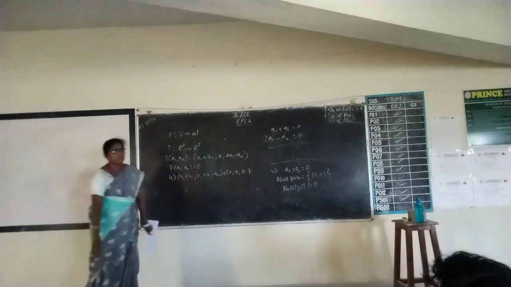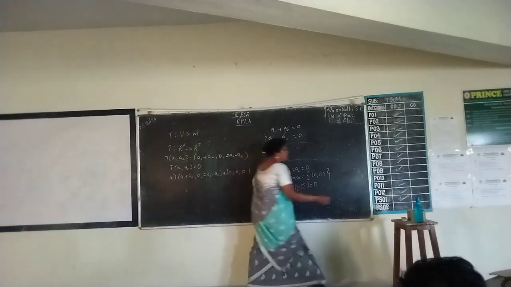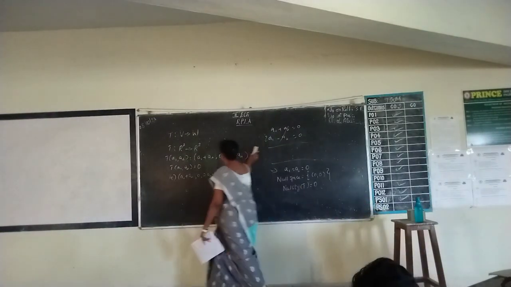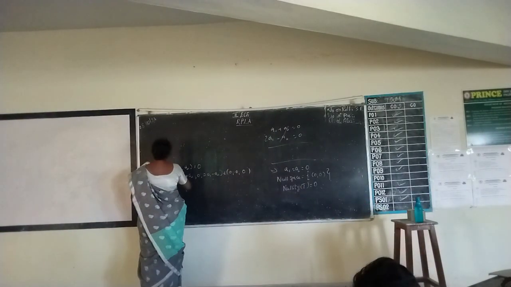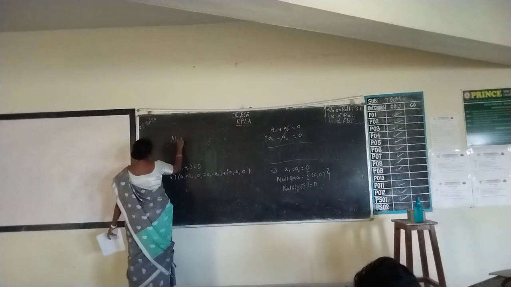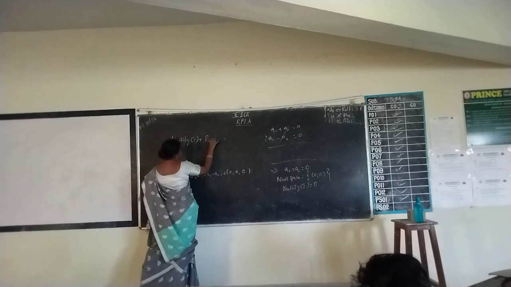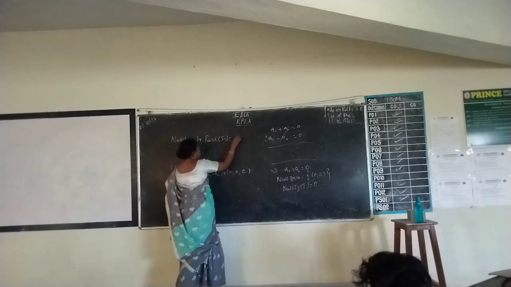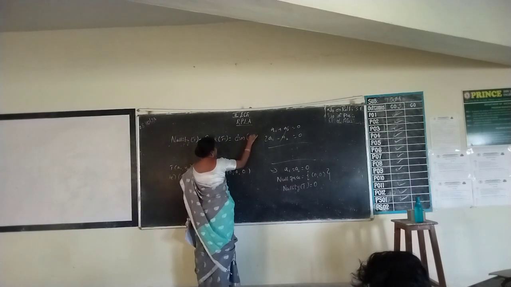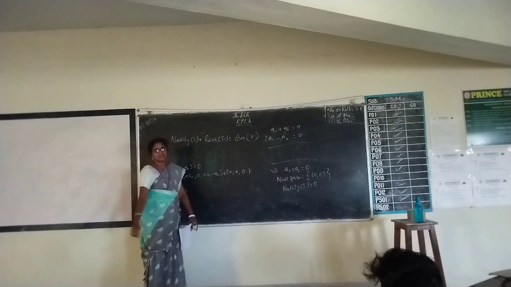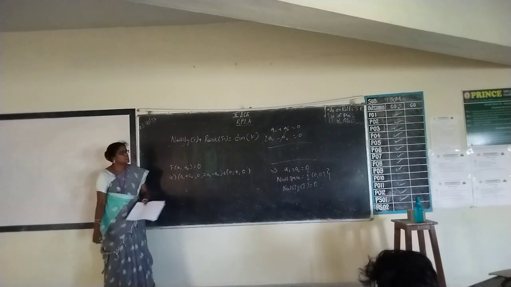Okay, so right. By dimension theorem, nullity of T plus rank of T is equal to dimension of B. So you know the nullity now.